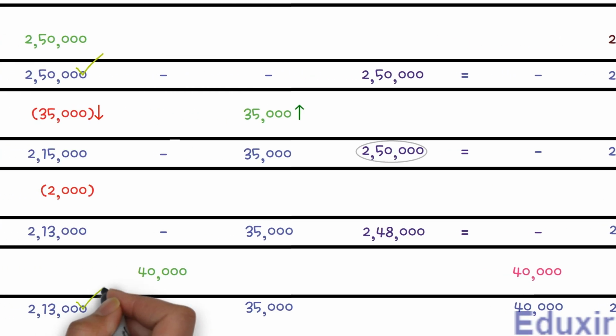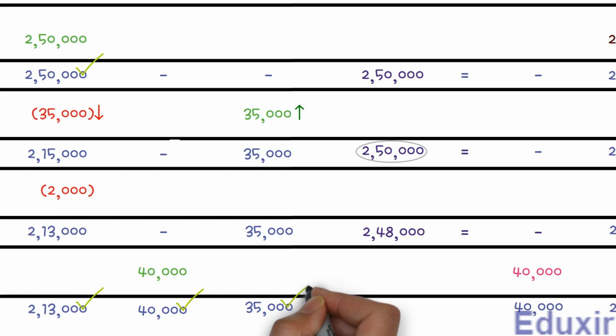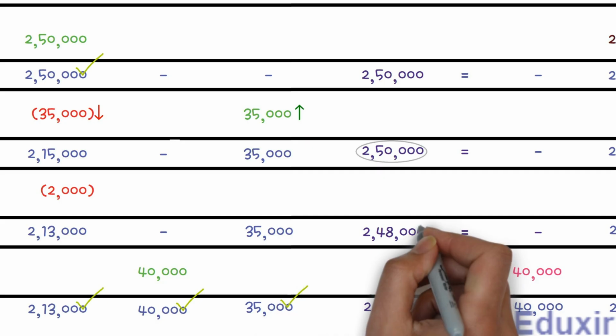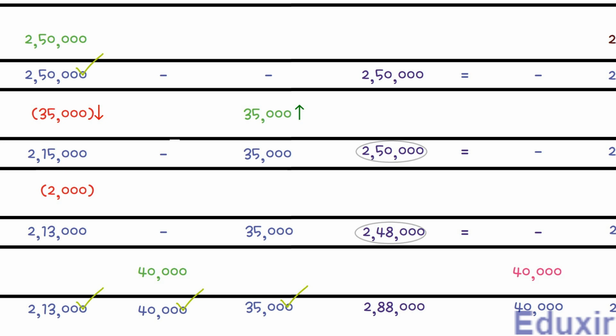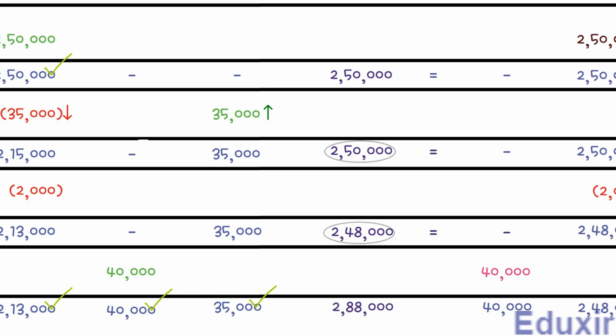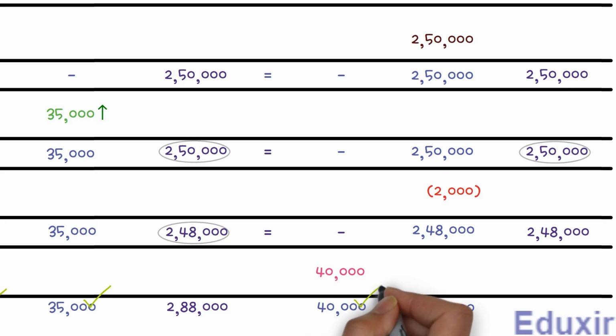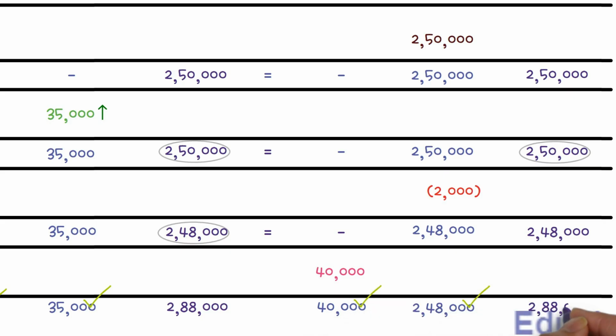Now the total of all the assets available with the business will be 2,88,000 rupees. Note that as compared to the previous total, the total of the assets is now increased by 40,000 rupees. And on the right hand side, the total of the liabilities and the capital will now be worth 2,88,000 rupees. Note that as compared to the previous total, this total is now increased by 40,000 rupees.